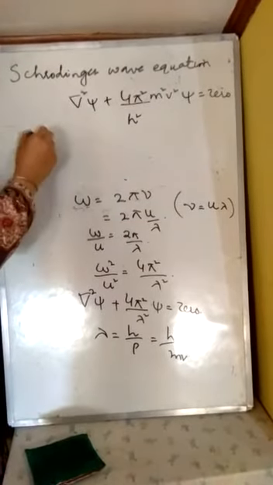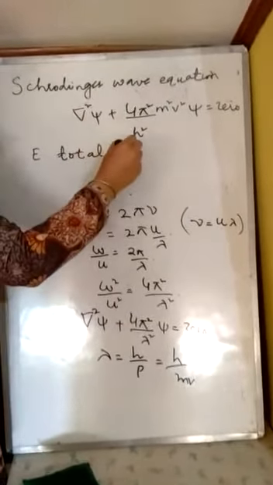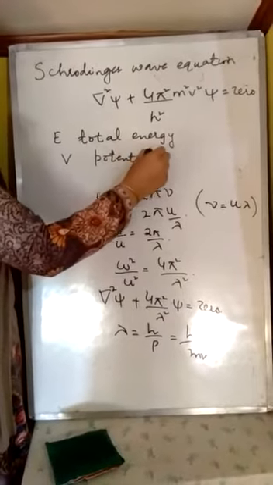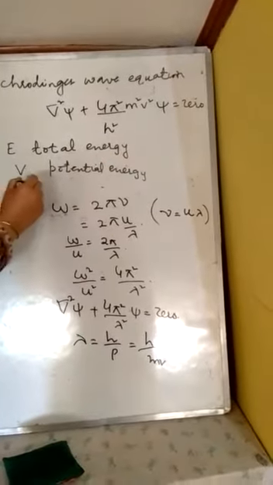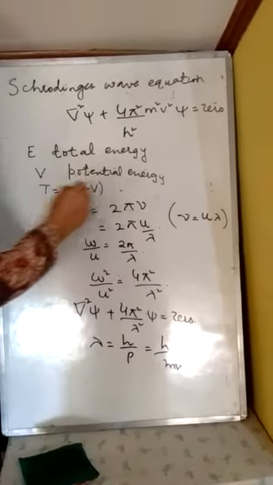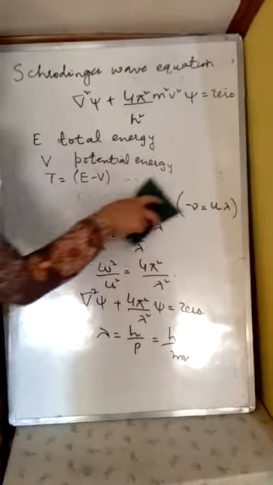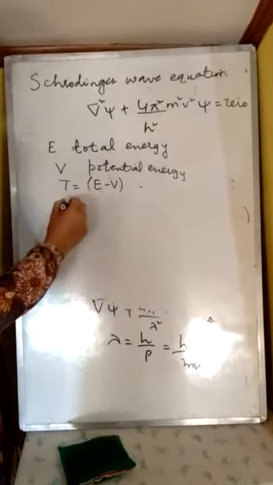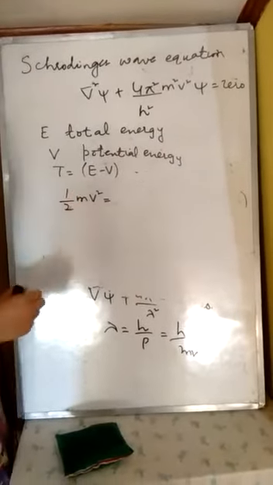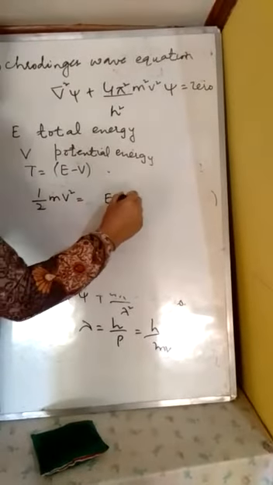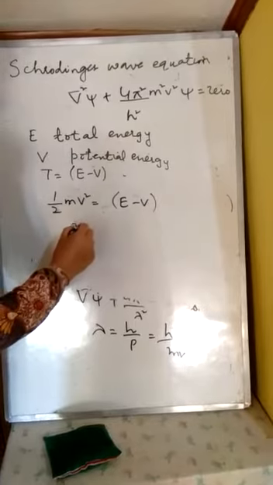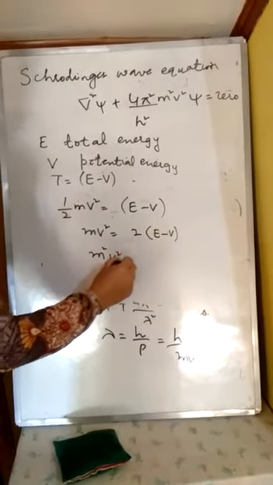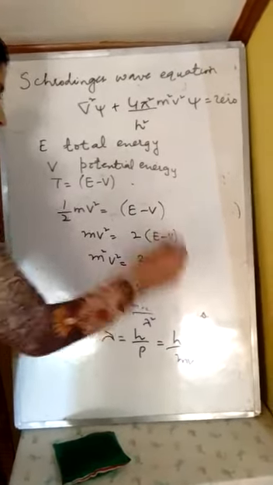Now, if E is the total energy of the system, of the particle, and V is its potential energy, then the kinetic energy, which is generally denoted by T, is obviously given by E minus V. So this kinetic energy, which we know is 1/2 of mv square, that is equal to E minus V. So you can choose to write mv square is equal to 2 times E minus V, or m square v square is equal to 2m times E minus V. So let's substitute.